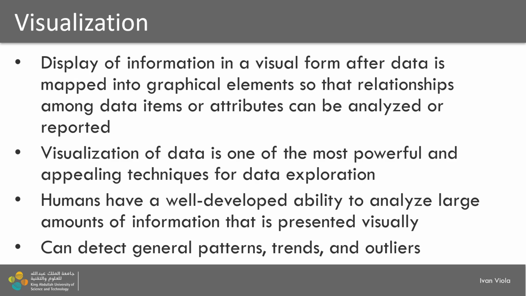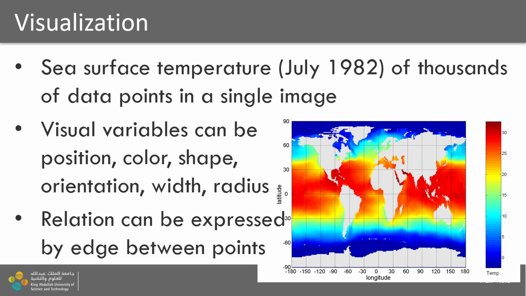With visualization, depending on the type of visualization, we can detect either general patterns and trends or outliers, or both. So we can start with looking at this visualization of the sea surface temperatures from July 1982, and we can see the sea surface temperature of the entire world on this small image.